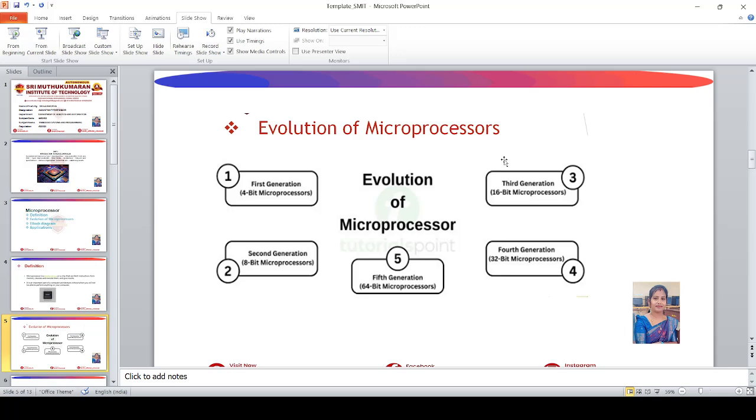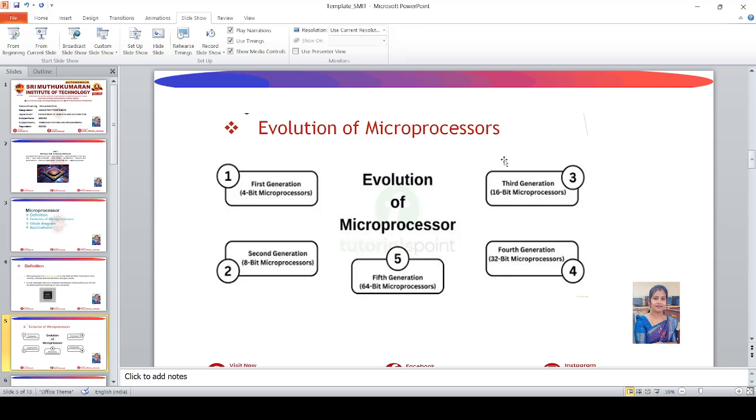In the first generation, Intel named the 4-bit microprocessor the 4004. The second is the 8085, that is the 8-bit microprocessor, and the third is the 16-bit microprocessor, the 8086, right? The fourth one is a 32-bit microprocessor, which Intel called the 80486.